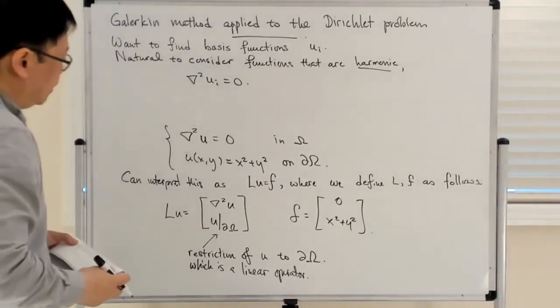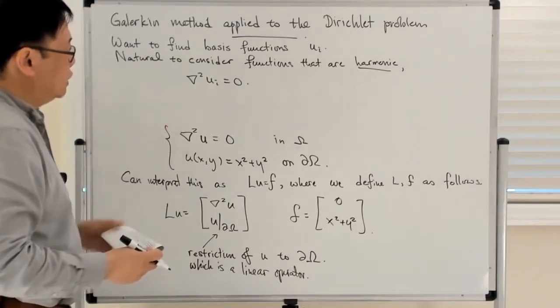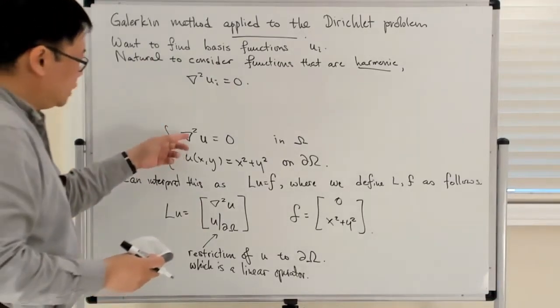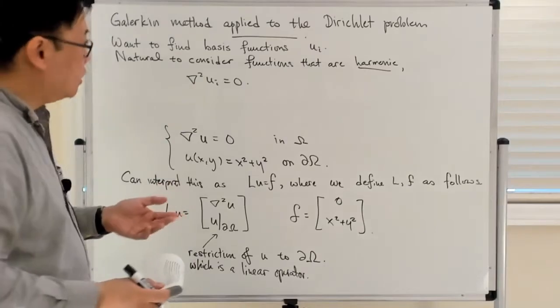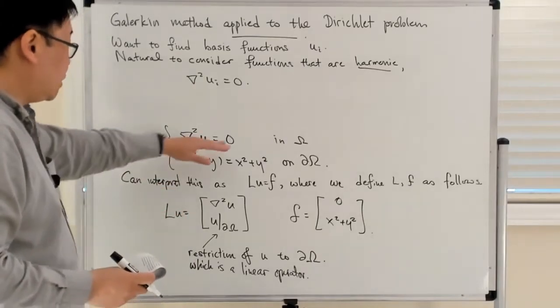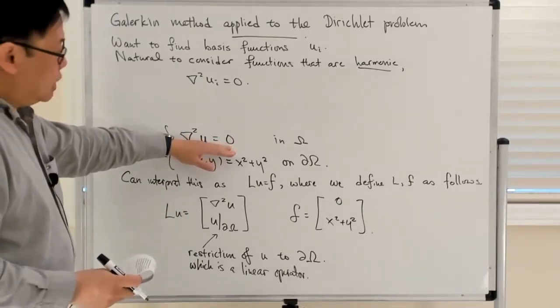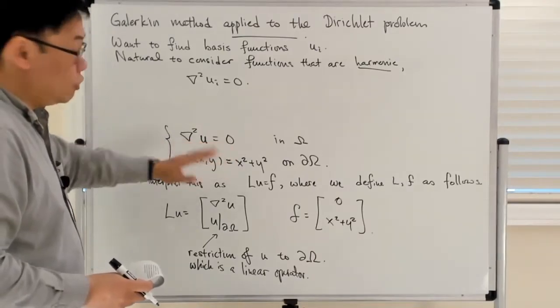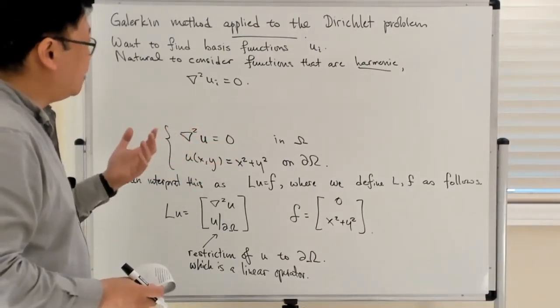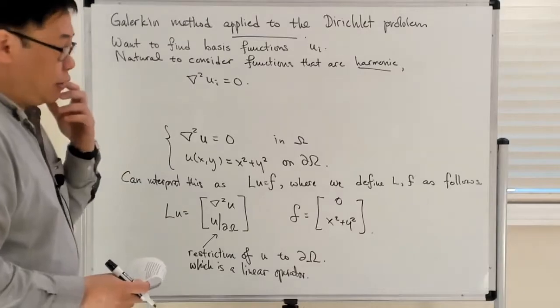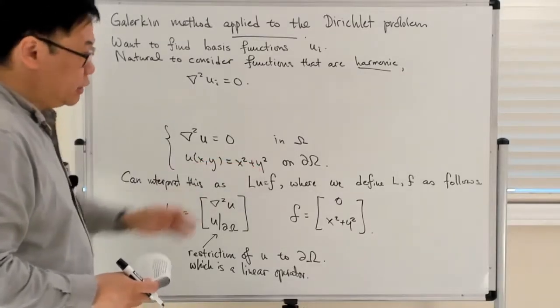And of course the reason why you might want to expand the solution of the Dirichlet problem in terms of harmonic functions is that they automatically satisfy the differential equation, right? So all you really need is to find appropriate combinations of these harmonic functions so that they satisfy the boundary conditions.